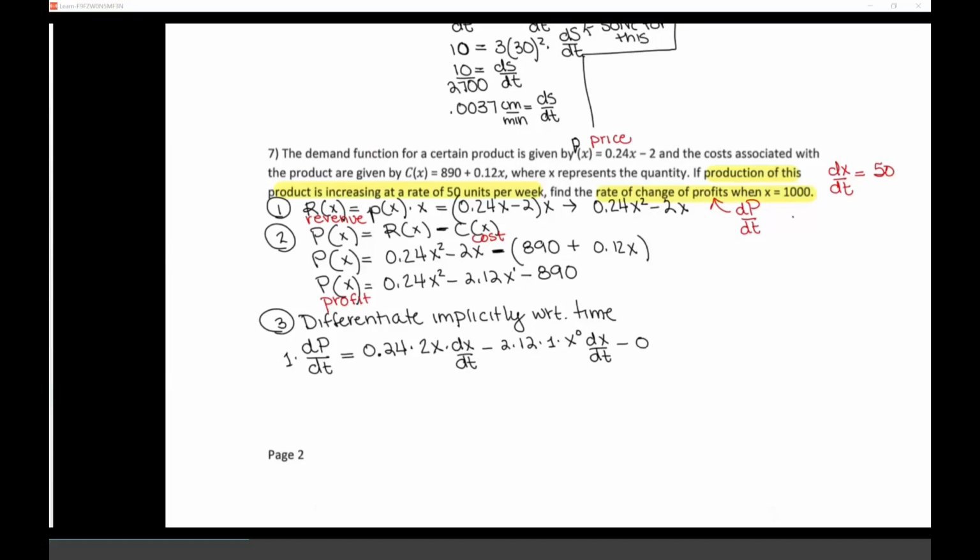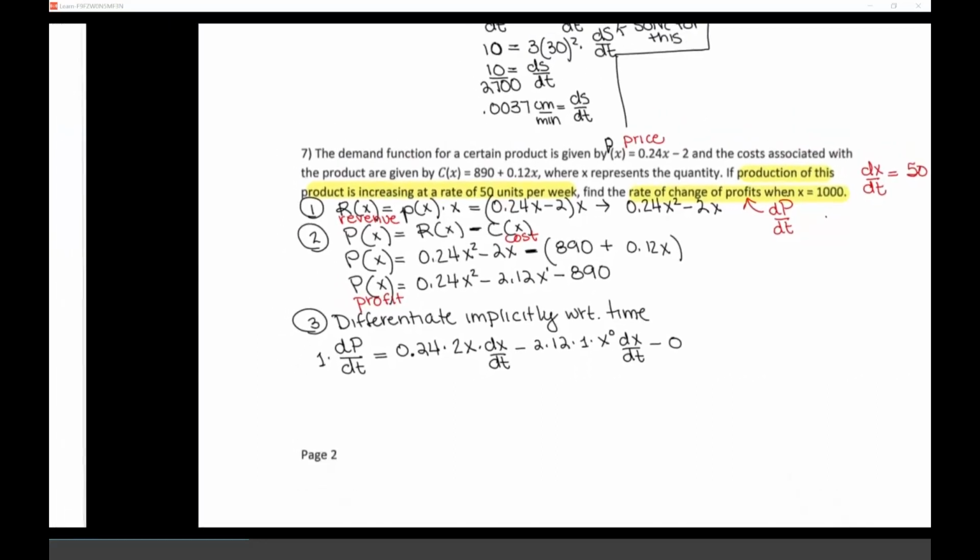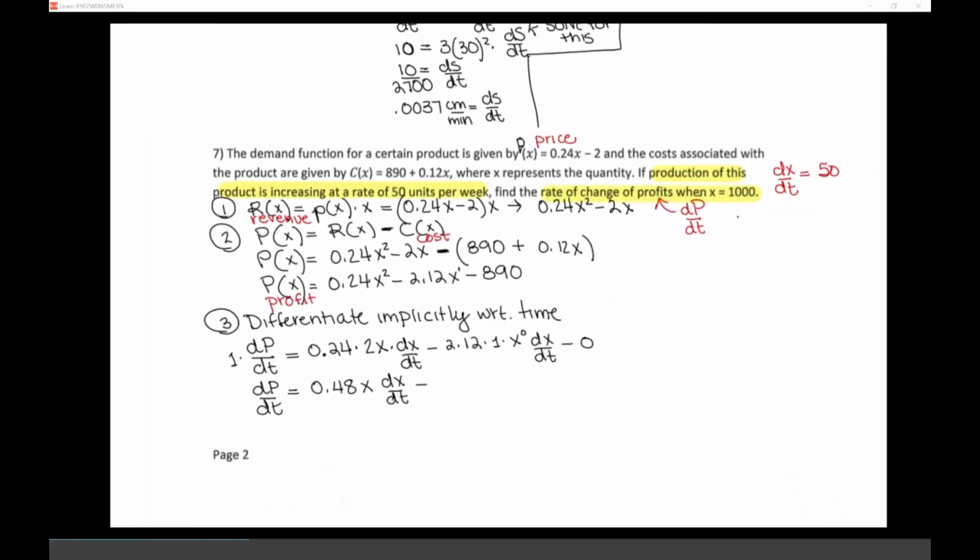Now let's collect all of this. So the left-hand side is dP/dt. This is 0.24 times 2, so that's 0.48x dx/dt. Here I have 2.12 times 1, that's 2.12. x to the 0 is a 1, so I don't need that.